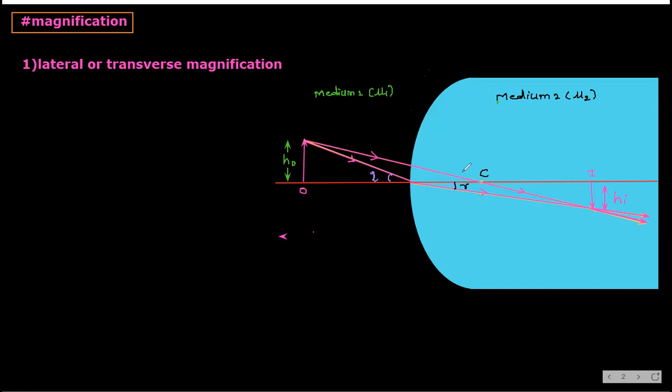And this one from this point to the image is what? Phi, the image distance.